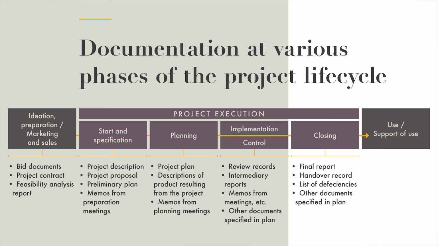Finally, after closing the project, we should produce a final report, a handover record, maybe a list of deficiencies still to be taken care of, and again, other documents specified in the plan.